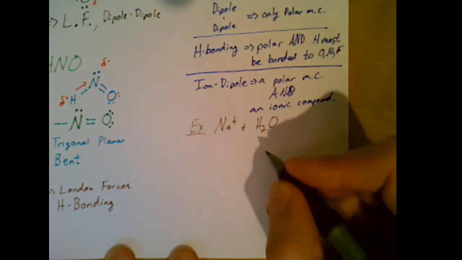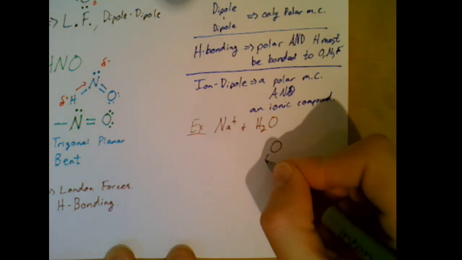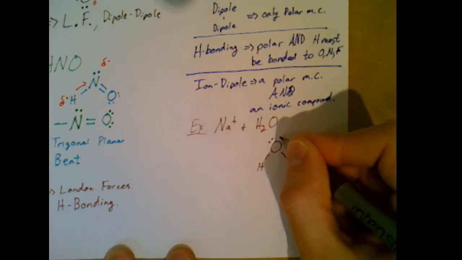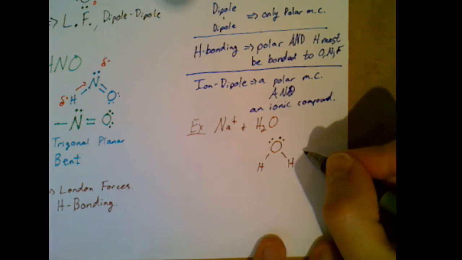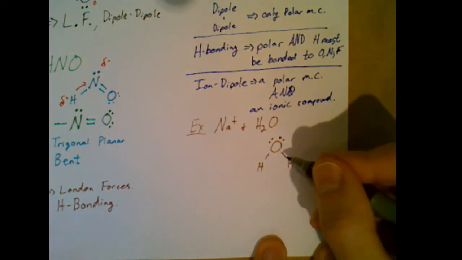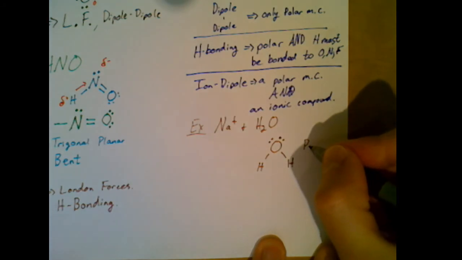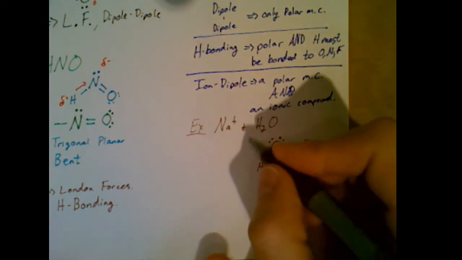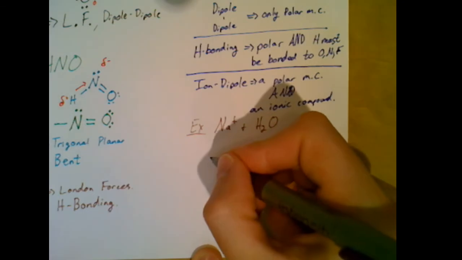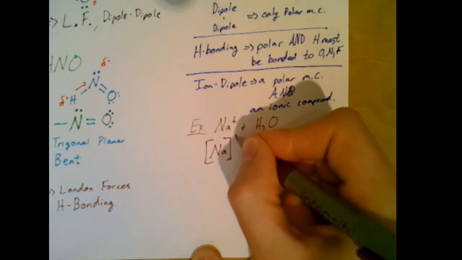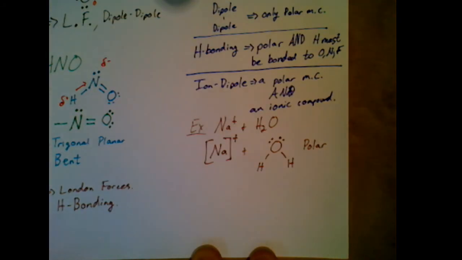So really all I need to do is check and see, okay, is H2O polar? Well, H2O we know looks like this. And we've seen quite a few times, we know it's asymmetrical, it has different electronegativities, and it is going to be very polar. We also have sodium that has lost one electron, and so now it's positive.